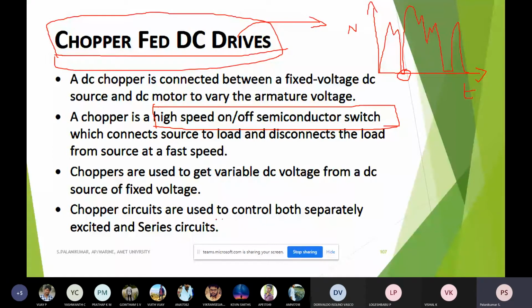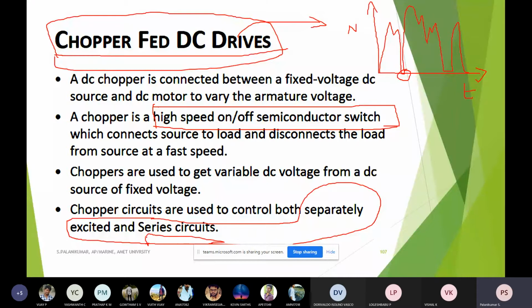Choppers are used to control both separately excited and series circuits. Suppose a field is separately excited; above the rated speed, I have to control the separately excited circuit.